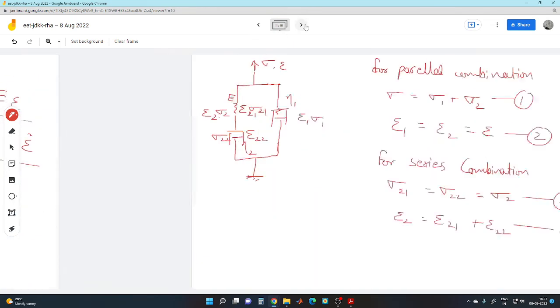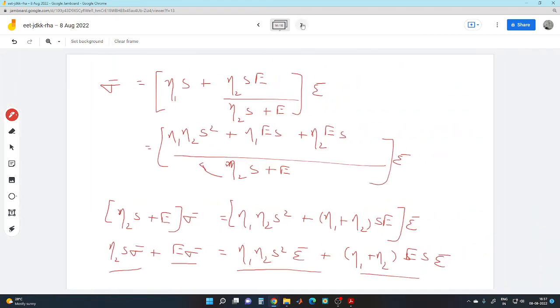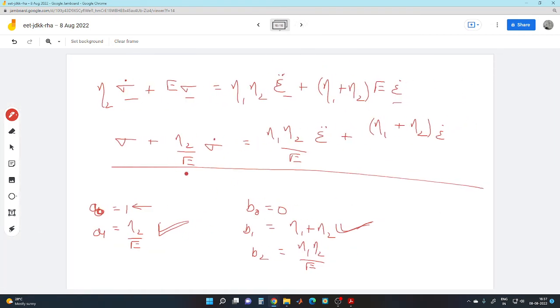So this is the actual expression. Even if it comes in the exam, it will be assumed that you know this form: A naught sigma plus A1 sigma dot plus A2 sigma double dot and so on is equal to B naught epsilon plus B1 epsilon dot plus B2 epsilon double dot and so on.